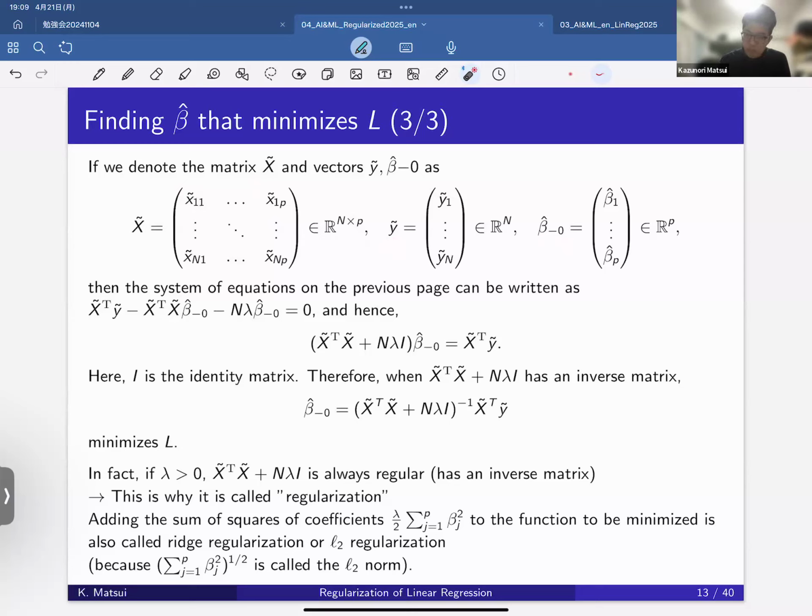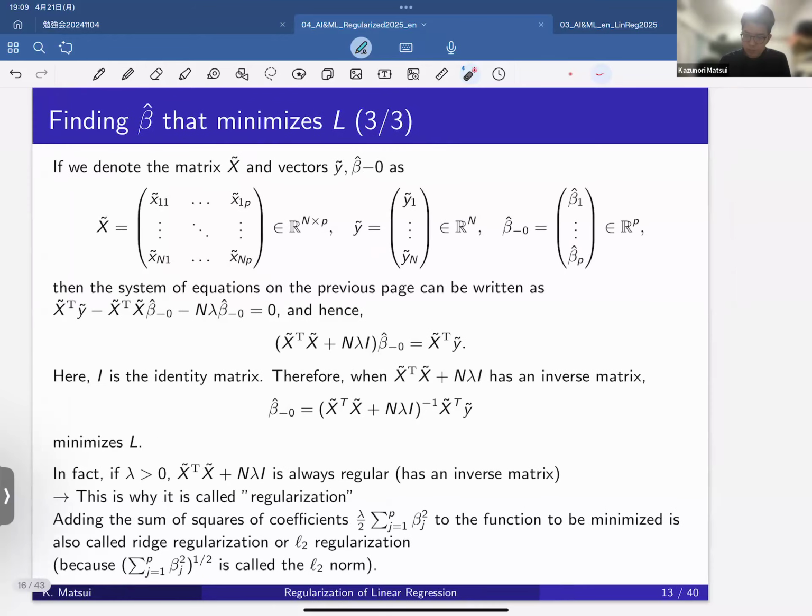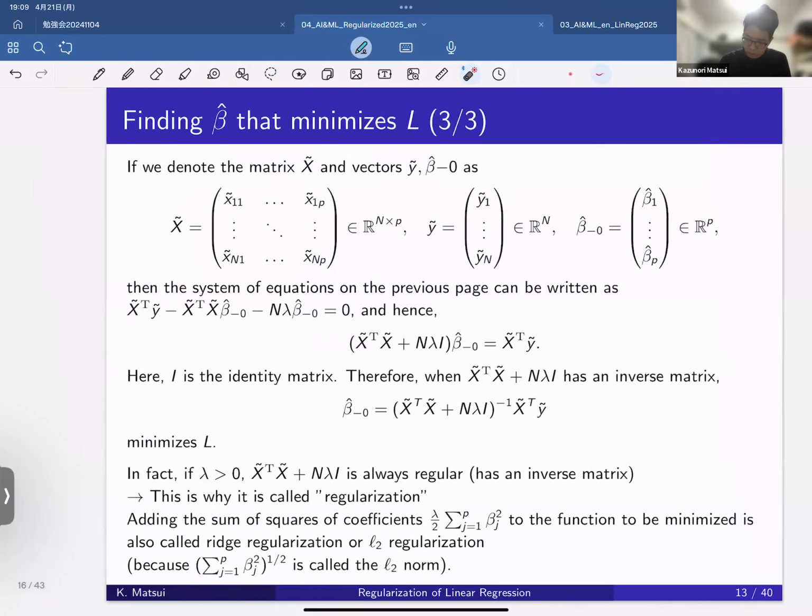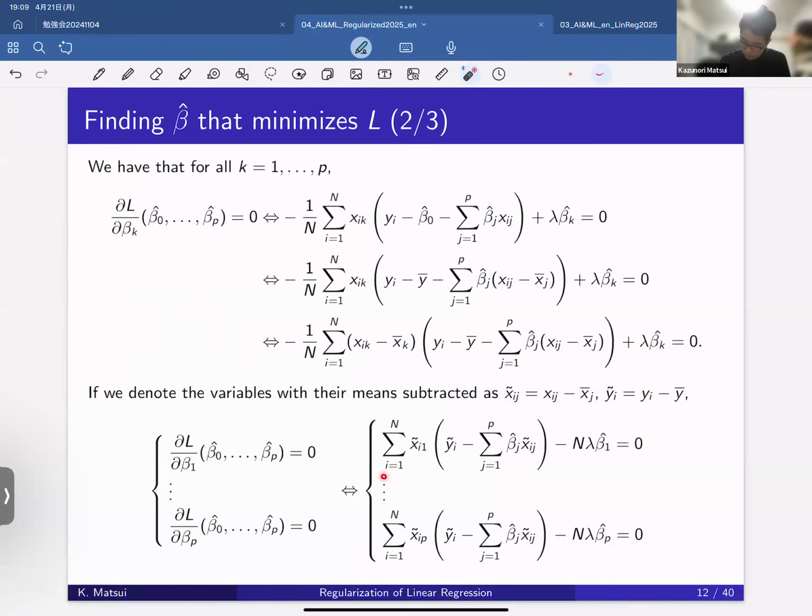So then, this term is the first term. The first term in the previous system of equations corresponds to the ith element of y tilde.